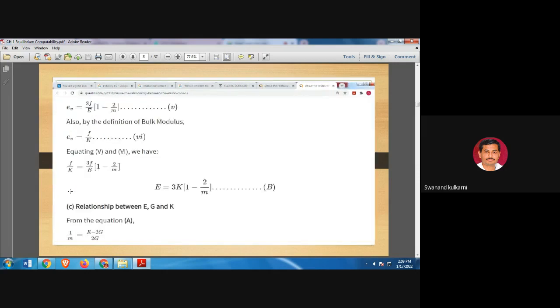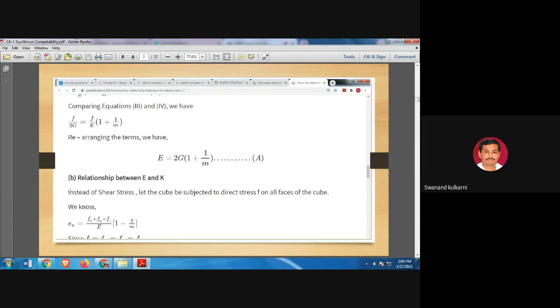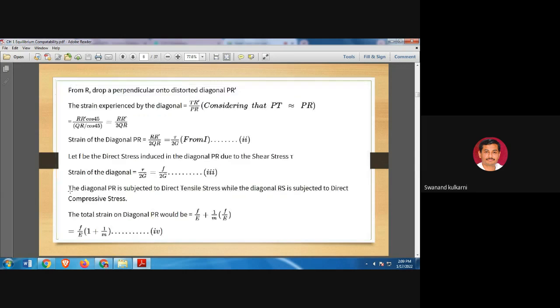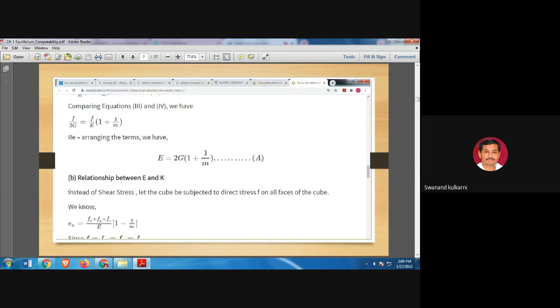Similarly, what is the relationship between E and K? E is equal to 3K into bracket 1 minus 2 mu. Here m is the reciprocal of Poisson's ratio.